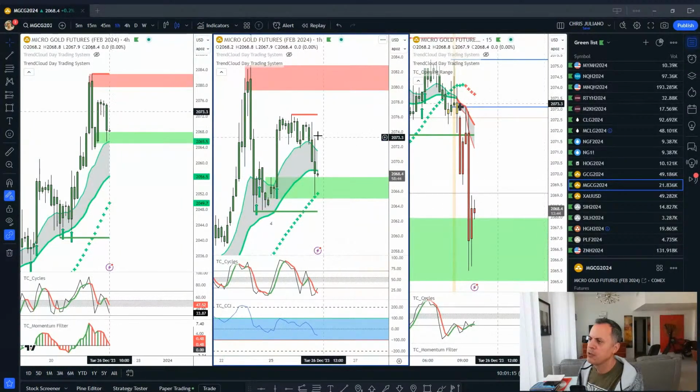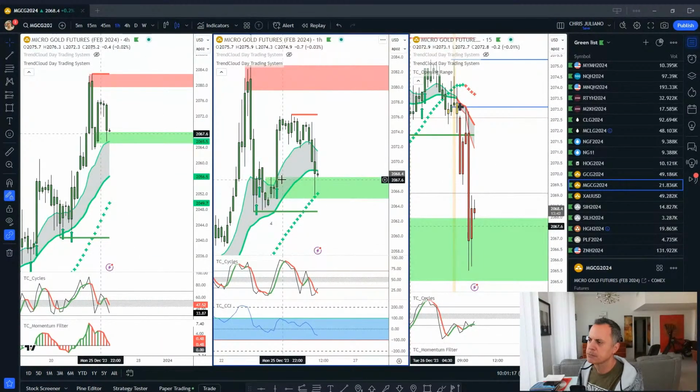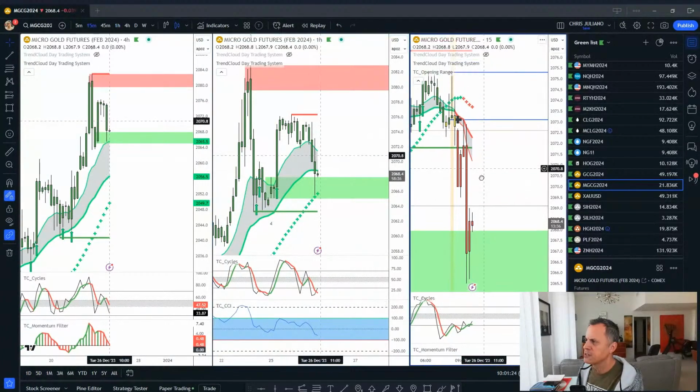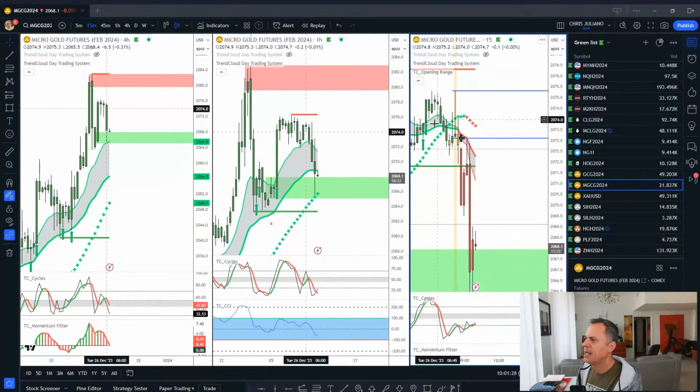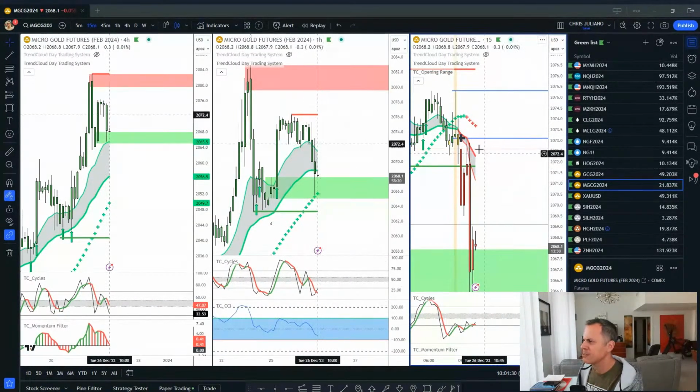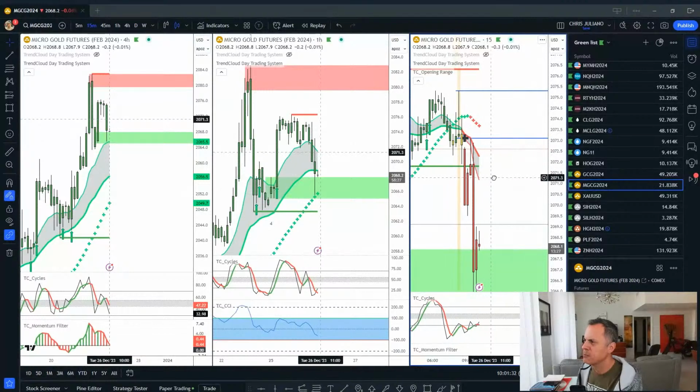All right, so gold, we still have the uptrend on both time frames. It's getting close to closing below. So this is a real deep pullback on gold. Lot of momentum. See how it's choosing the side of momentum here.